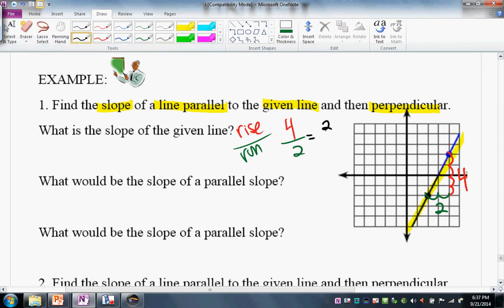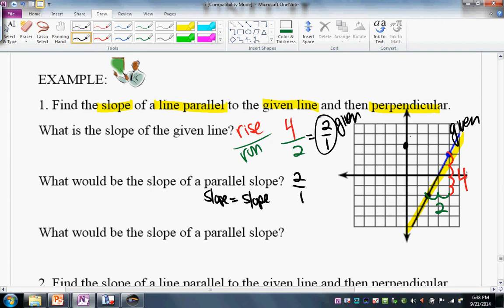Let's reduce this, so it's going to be positive 2 over 1 for our given line. If a slope is parallel, we know slope equals slope. So a parallel line must also have 2 over 1. Let's actually try that real quick and see if it works.